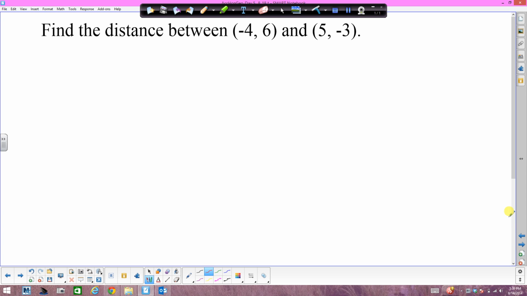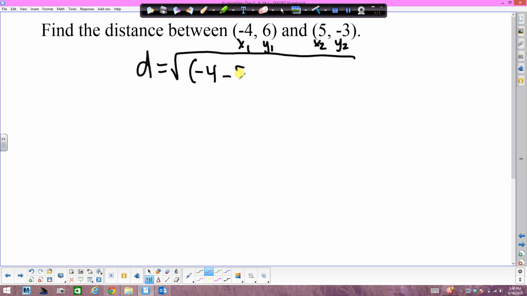So we want to find the distance between (-4, 6) and (5, -3). So using the formula, we're going to remember this is like x1, y1, x2, and y2. So we take the square root, and we find the difference between the x's, so -4 minus 5 squared, plus the difference between the y's, so 6 minus -3 squared.